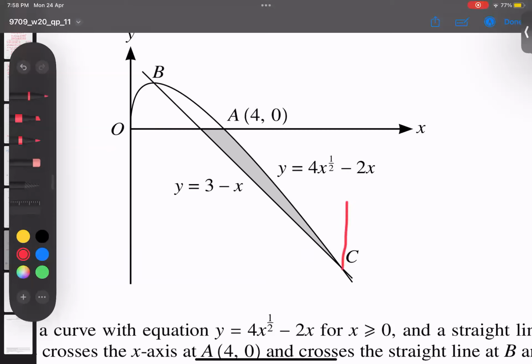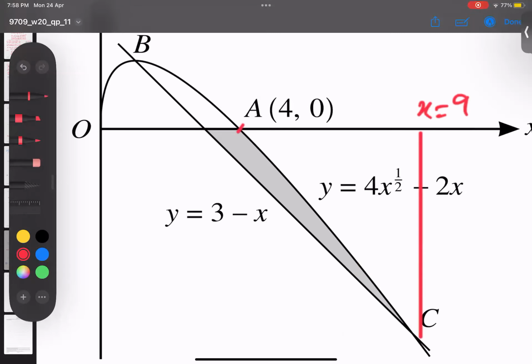This x value is 9 here, and this x value is 4 here, and this x value I don't know. So I plug in y value 0, and x comes to this side. So this x value is 3. And here the x value is 4.